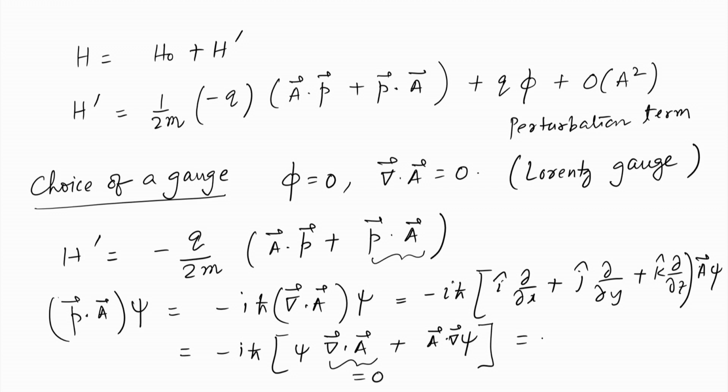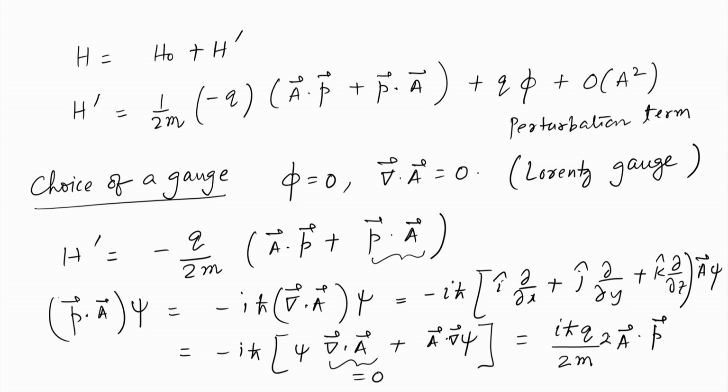So, we simply have this as i h cross q by 2m, but then there are two terms which are like A dot p. So, there will be a term which is A dot p, twice of those terms.